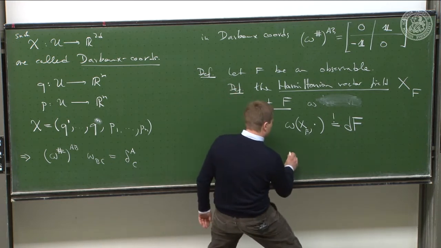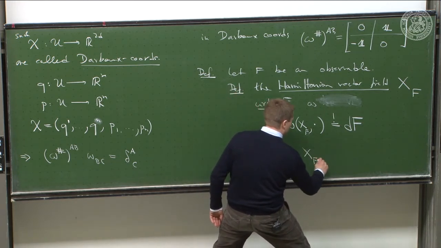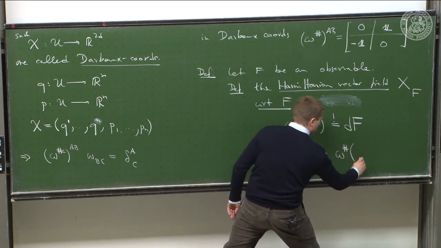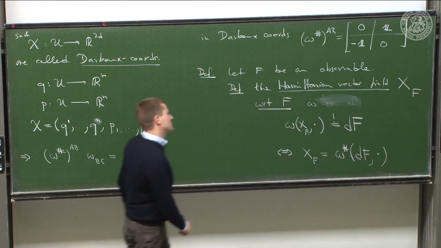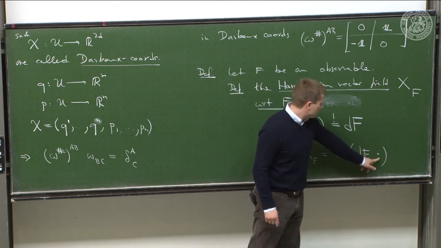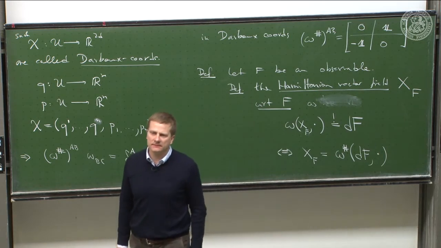Well, we can of course write it equivalently. This is X_F equals omega sharp, which can eat 1 forms. And so this is in the dual of the dual, this is in the vector space again. Okay?